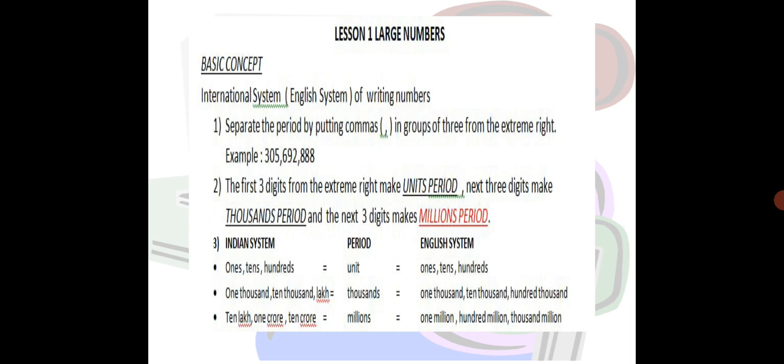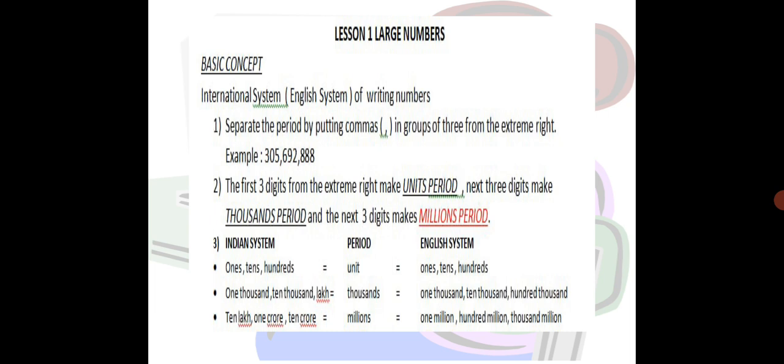Now, children, I will discuss with you the basic concepts of the international number system, or English number system. This is the second type of number system. The first type is the Indian number system, or Hindu Arabic number system.